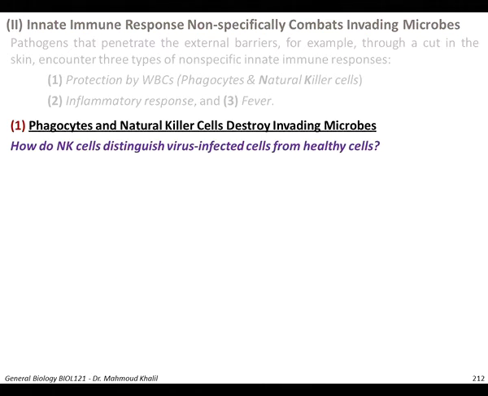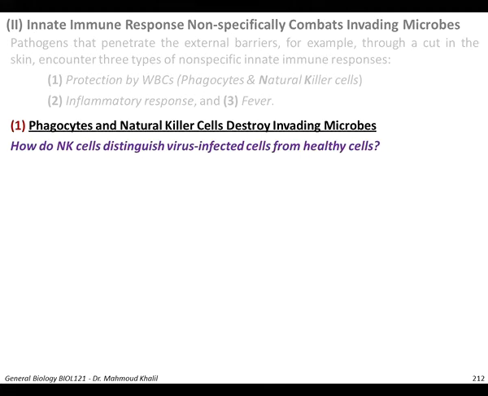So how can NK cells distinguish the virus-infected cells from healthy cells? That's an important question in order not to have an unregulated innate immune response. So the NK cells have to have the capacity to differentiate between self and non-self. Self is our healthy cells, while non-self is like the virus-infected cells and the cancer cells.